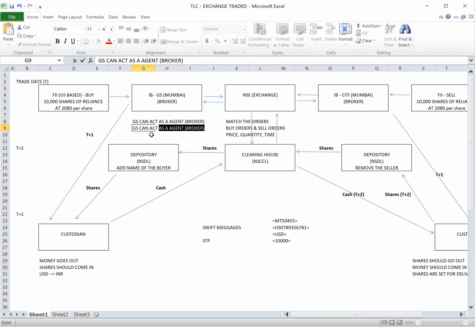Either it will act as a broker or it will act as an STO, a dealer. Who will tell me what is the difference between a broker and a dealer? Dealer directly deals with the buyer and seller, whereas the broker acts as a counterparty between the buyer and seller.